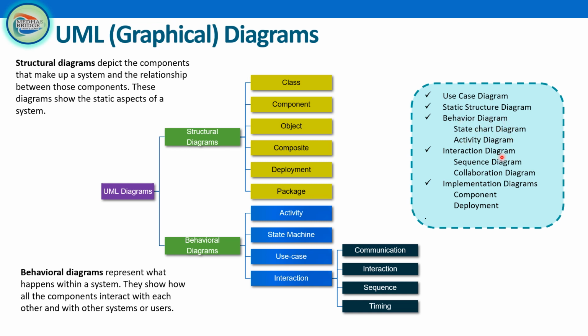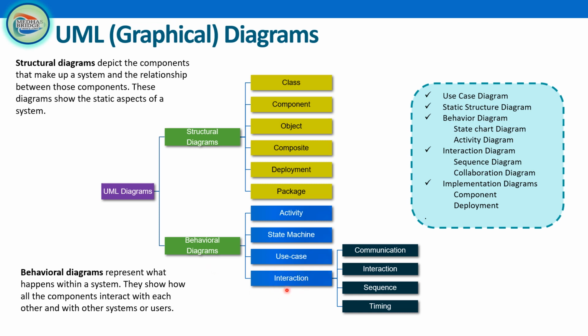Classification, sequence and collaboration under interaction, component and deployment under implementation. We can represent the way you see the system, but broadly, going forward, we will mostly represent structural diagrams and behavioral diagrams.